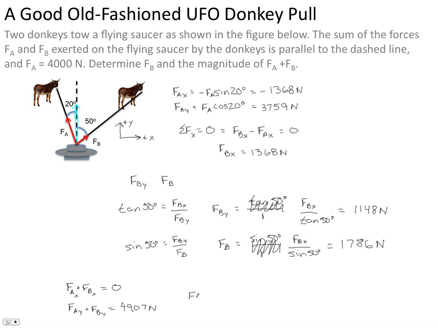So the sum, using the Pythagorean theorem, Fa plus Fb will equal the square root of the x component squared plus the y component squared, which equals 4,907 newtons. Not surprising, the sum is just the y component, since there's no x component. So here are the answers to this problem.